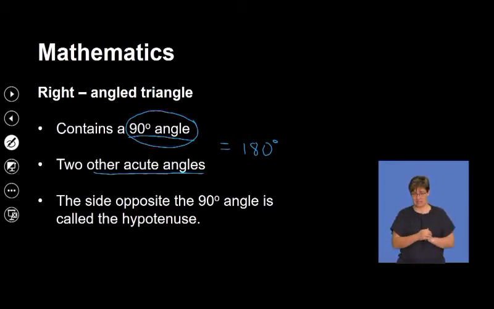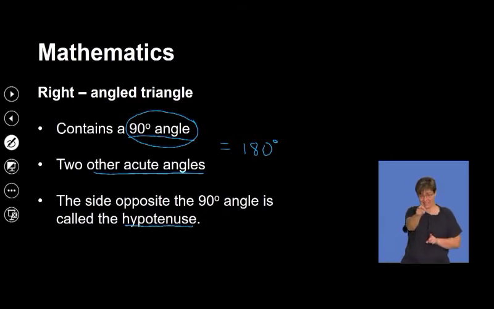Now, the side that is opposite this 90-degree angle is called the hypotenuse side, and it is also the longest side of the triangle. We're yet going to talk about all of that, but that's one side that you really need to make sure that you know. The only time I can speak of the hypotenuse side is if there is a 90-degree angle opposite that side.